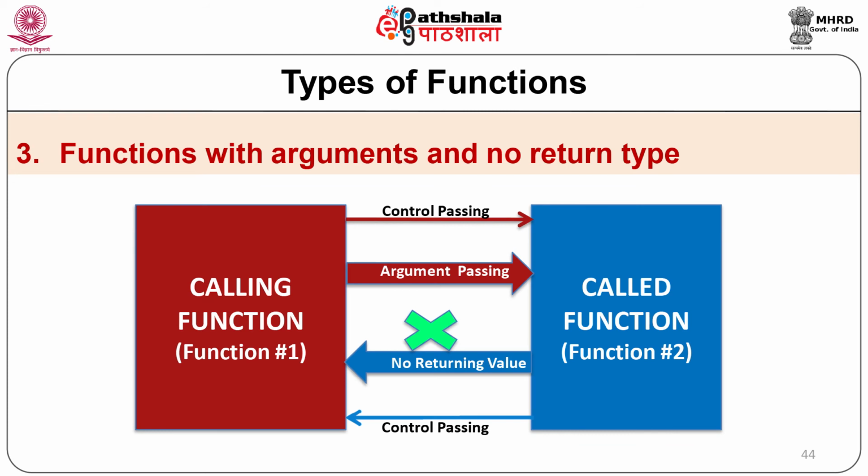You can see in this slide function 1 behaves as the calling function, function 2 behaves as the called function. In this, function 1 sends an argument to the called function, but the called function, meaning function 2, does not return any value to the calling function, and control passes back to the calling function.